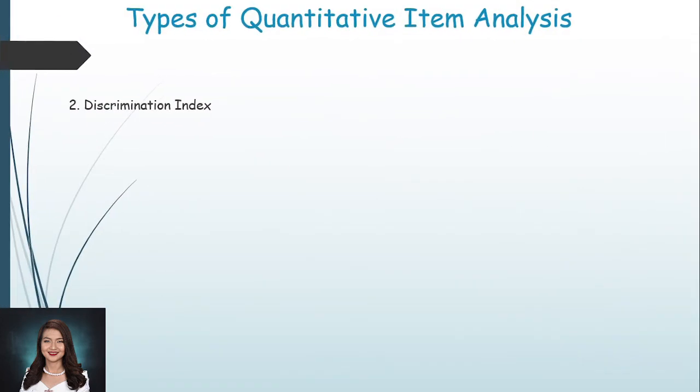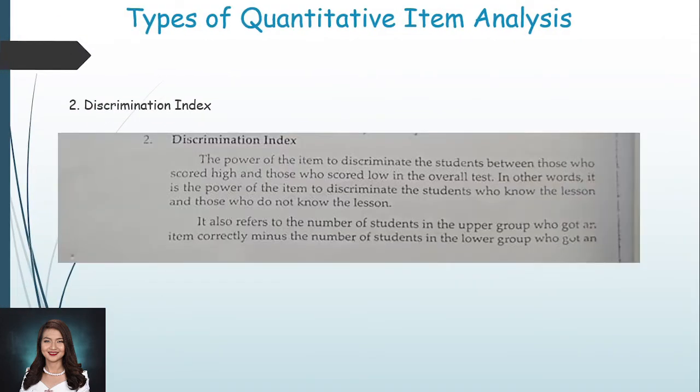Next, let's proceed to discrimination index, the power of the item to discriminate between the students who scored high and those who scored low in the overall test. In other words, it is the power of the item to discriminate the students who know the lesson and those who do not know the lesson.